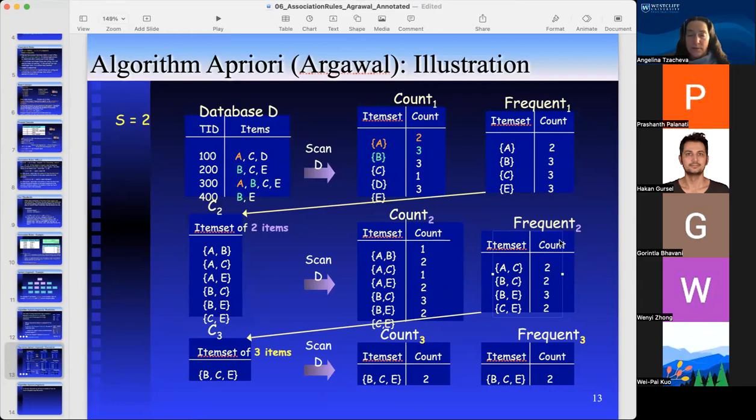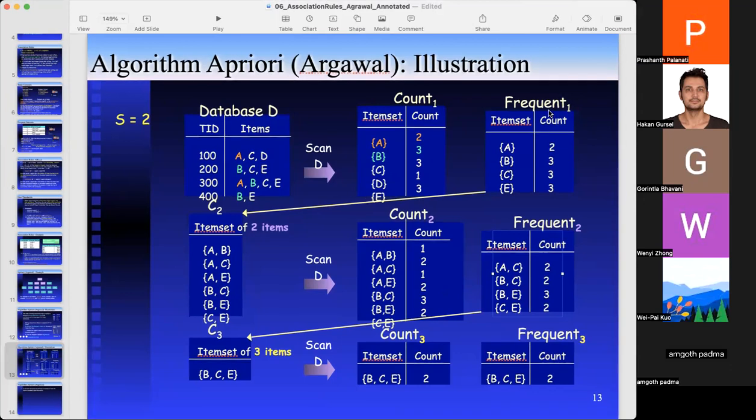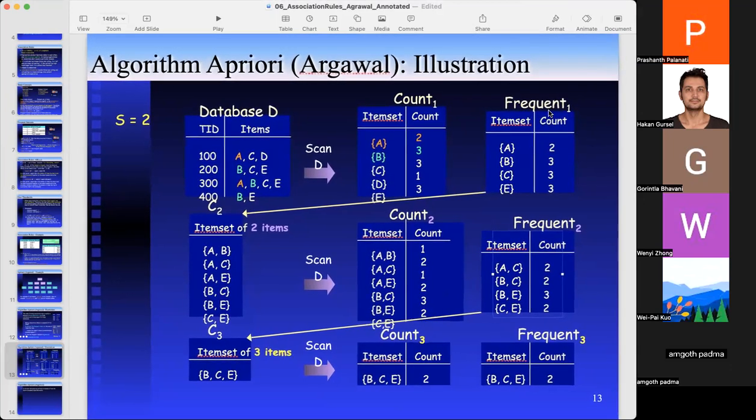And then we go to 3-element sets. The longer the sets get, the less frequent they are.